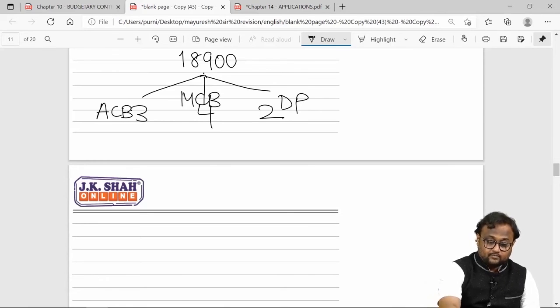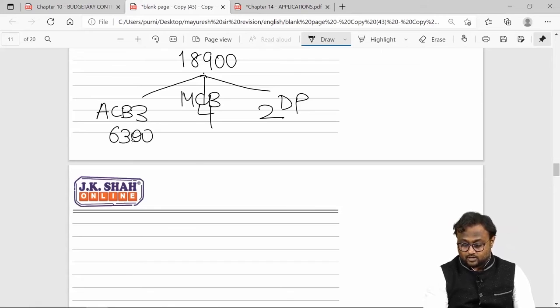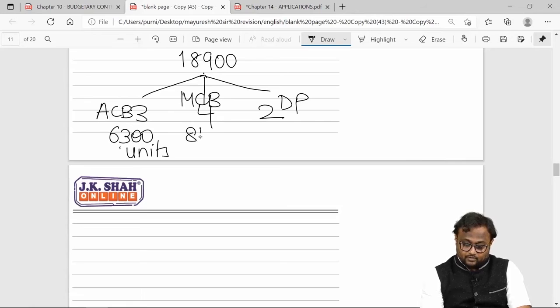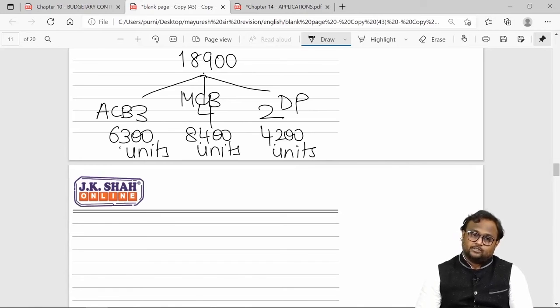So 18,900 divided by 9, so this will be 6,300, this will be 8,400 and this will be 4,200. You understood this? Have you clearly understood this?